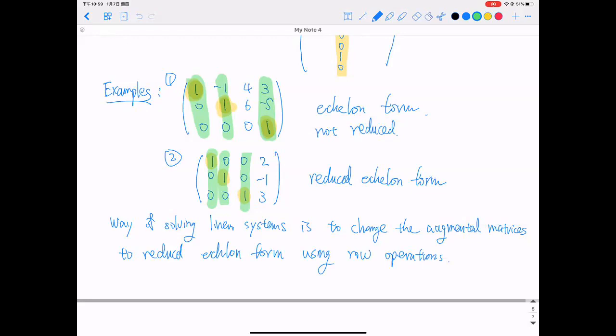Okay, we will do some examples in the next lecture, and we will see in those examples immediately why being in reduced echelon form will help you read our solutions. Okay.